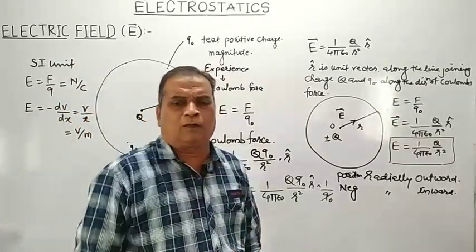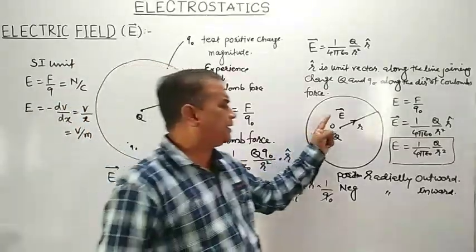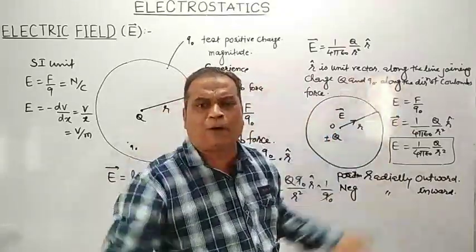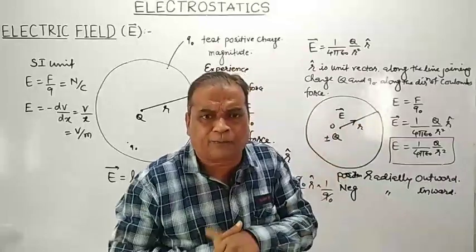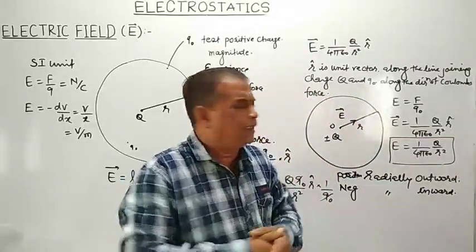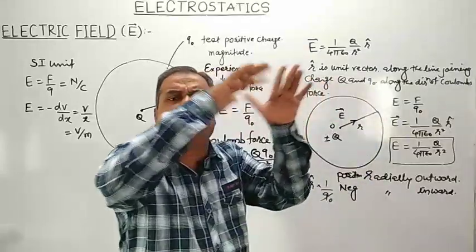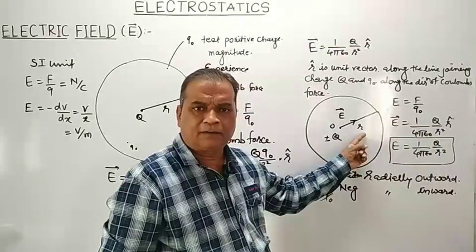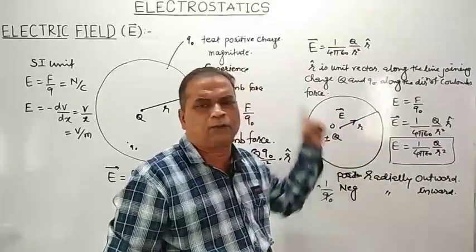Now, to find out what is the magnitude of electric field due to charge q at all the points which are at a distance r from it. It is a sphere. So, electric intensity at every point on a sphere of radius r, at its center charge q is kept.